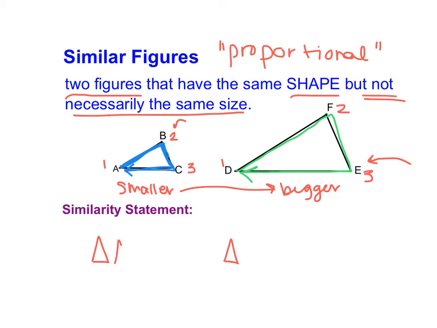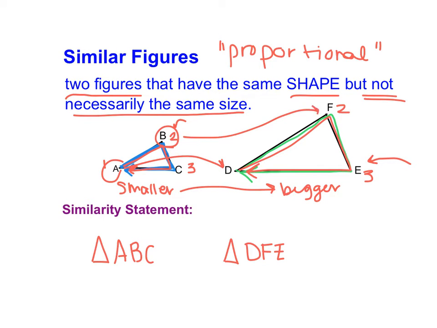Then I'm going to put the first angle first, so A and D, then B and F, and C and E. So what we have here is we're naming these triangles in a corresponding way, with the angles in that corresponding direction, so that we could say, well, angle A matches with angle D, and angle B matches with angle F, and angle C matches with angle E. Then from here we put what's called a similarity symbol in between, which is just this little tilde.